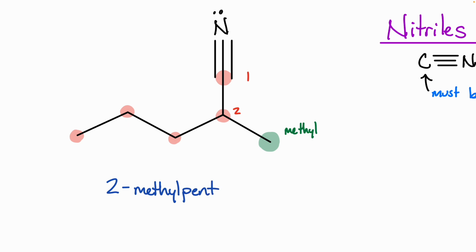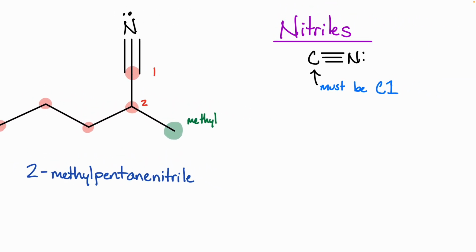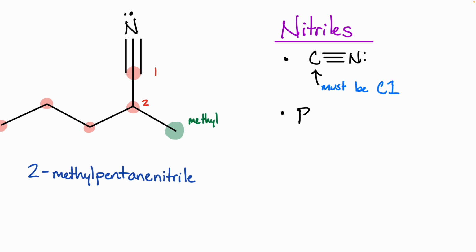I got 5 carbons in my parent chain, so pent-, but I can't say pentan-nitrile and run those 2 N's together. So again, we're going to retain the E at the end and make this pentanenitrile. All right, so for nitriles, must be carbon 1. All right, we're also going to make a note that we retain the E in our parent chain.